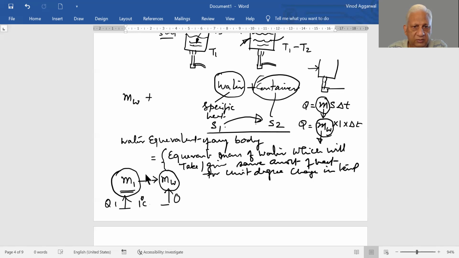If this one takes Q1, this one will also take Q1. And vice versa, if I lower the temperature, both will give out the same amount of heat. That is why it is called water equivalent.